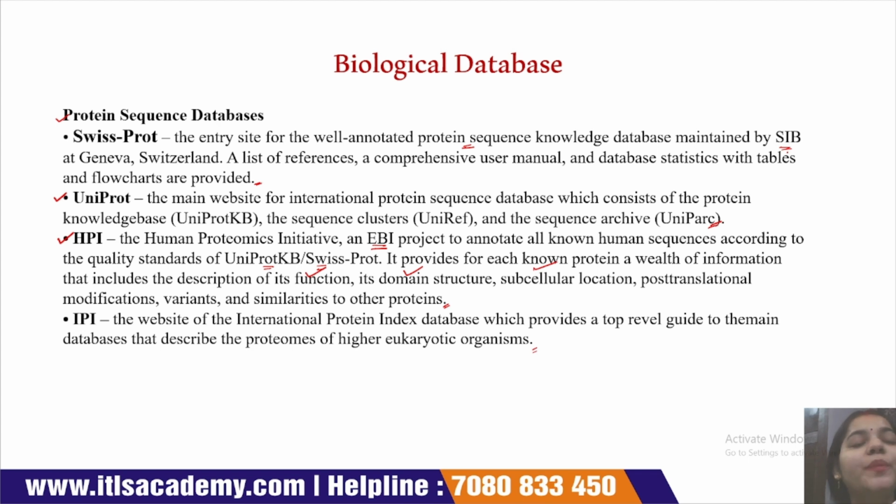HPI stands for Human Proteomics Initiative. It provides for each protein a wealth of information that includes the protein's description, its function, its domain structure, subcellular location, post-translational modification, variation, and similarity to other proteins. Next is the IPI.